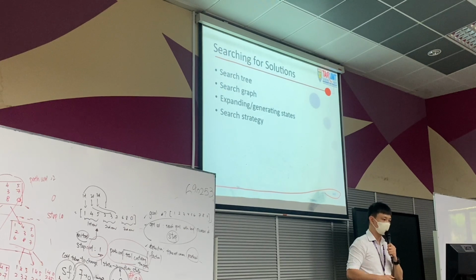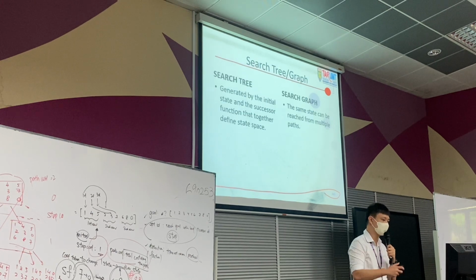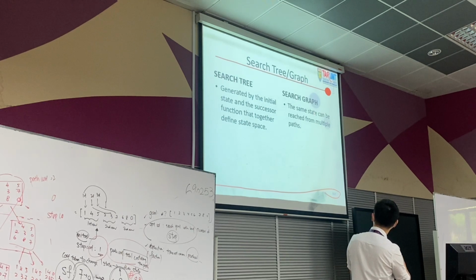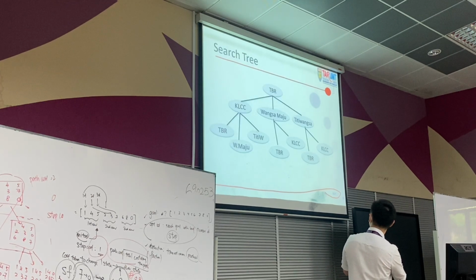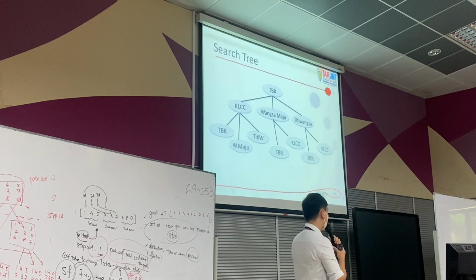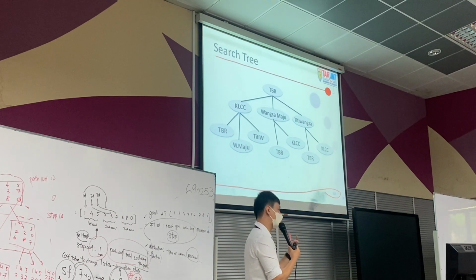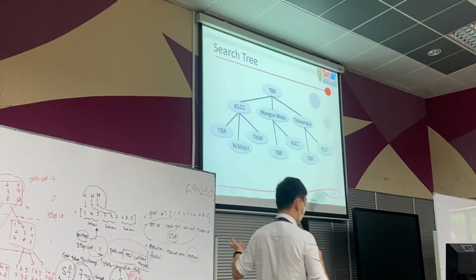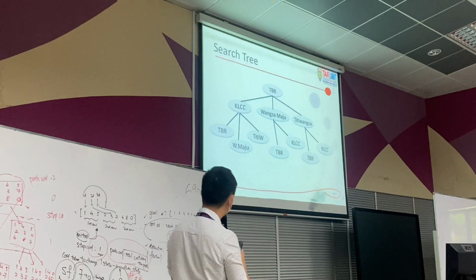To search, there are many ways. You can use a search tree. You can use a search graph. The difference between the search tree and the search graph is that the search graph can generate the same state from multiple paths, as shown here. So this is how the search tree works. From next week onward, next week and also week 4, I will show you how to generate the search tree using the search algorithms, blind search and uninformed search.